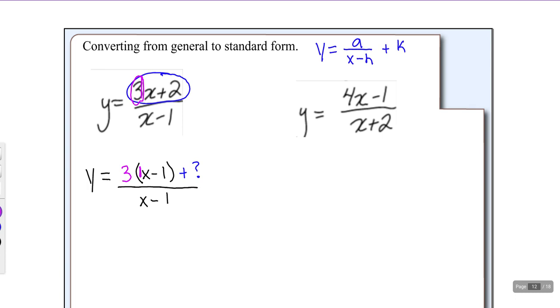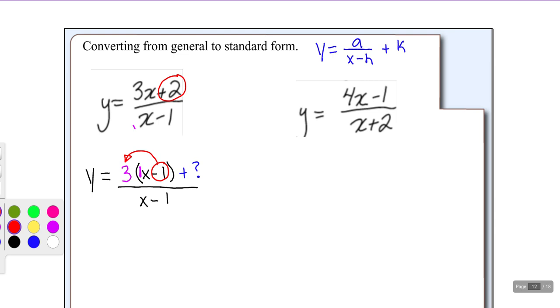So we have to somehow get this plus 2 to become minus 1 after I had taken a GCF of a 3 out. So that's a little bit trickier.